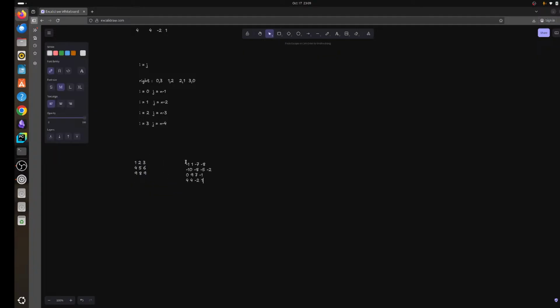So let's find two diagonals. First one, 3 by 3. Left is 1, 5, 9. If you see here, i and j both equal 0 0, right?